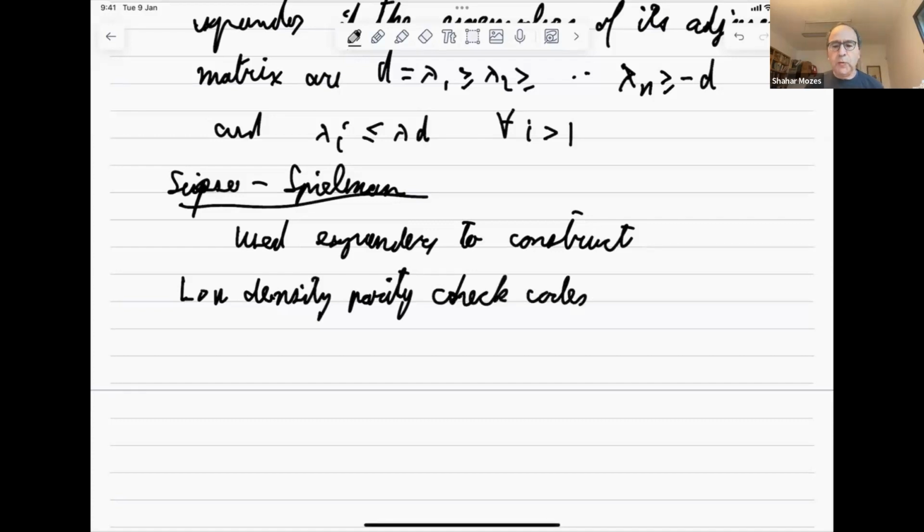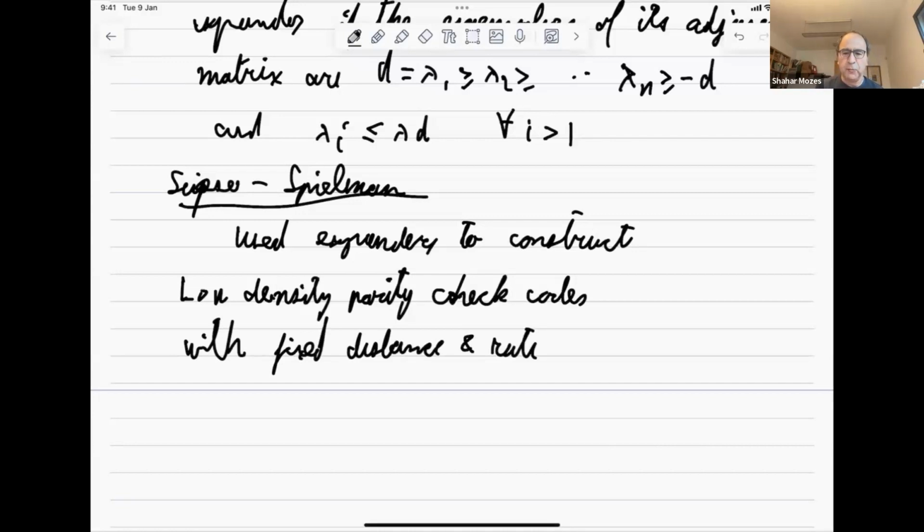These are just linear codes which are given by a collection of linear equations, where each linear equation has small weight. Any linear equation in F2 to the n just takes some number of bits and takes their sum, right? So you want it to be small, with fixed distance and rate.